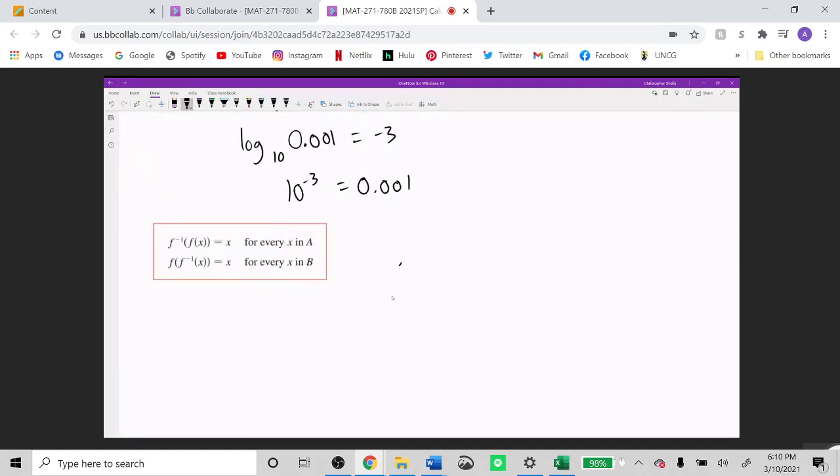So we said that if f of x is b to the x, then f inverse of x is log base b of x. This is how we defined our logarithm: a logarithm with base b is the inverse function of an exponential function with base b.